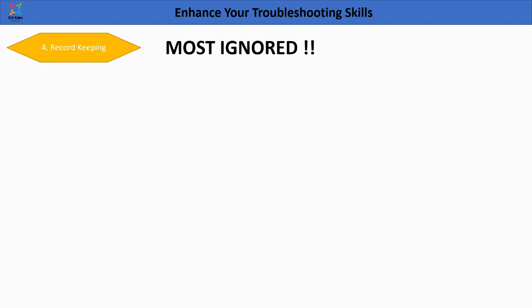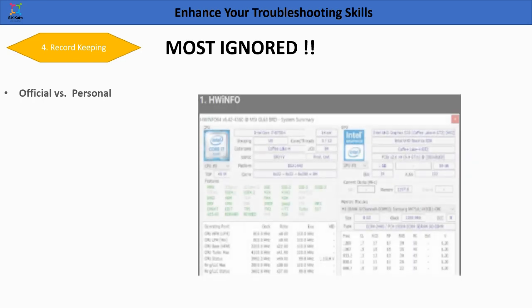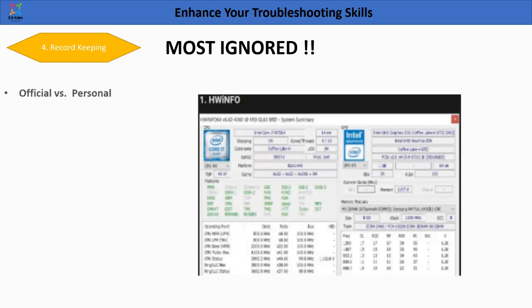And then comes record keeping. I see that most people ignore this skill, but it is so important. People do not understand the importance of record keeping. Whether you are working for yourself or in an organization, you need to keep a record of your activities. For example, you need to keep the list of commands and tools that you use in your day-to-day work, the commands and tools which are required for resolving a particular type of problem.